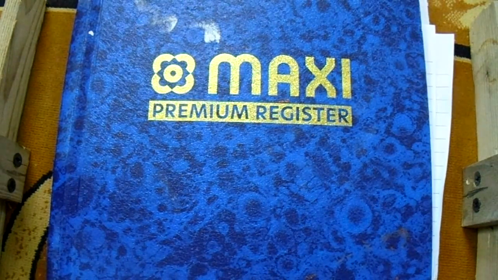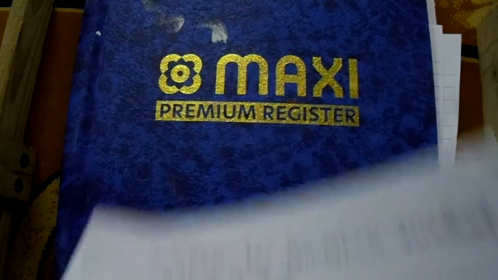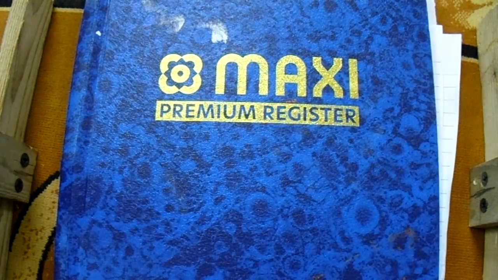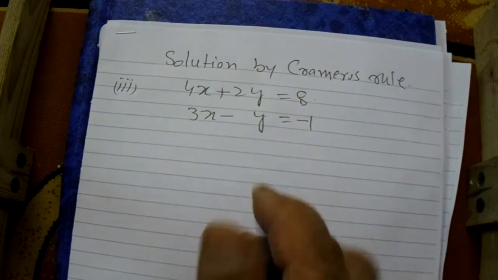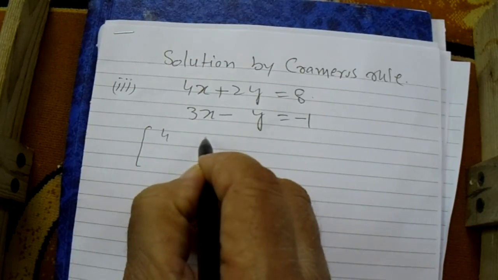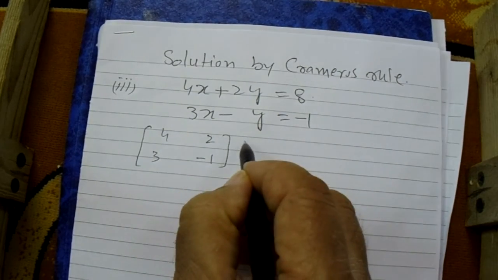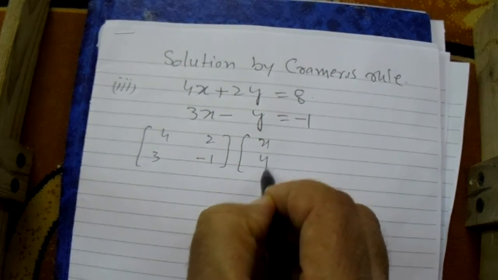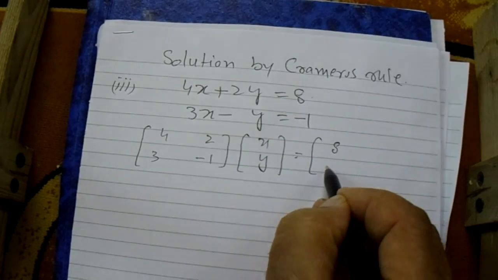Now we solve this by Cramer's rule, after solving it by the inversion method. Same steps: we first write it in matrix form. Here [4 2; 3 -1] multiplied by [x; y] is again equal to [8; -1].